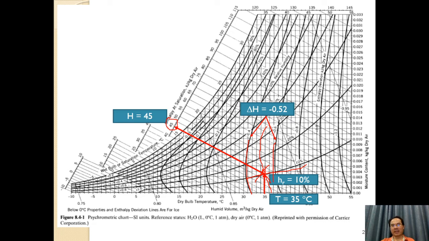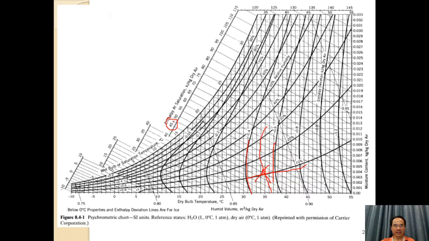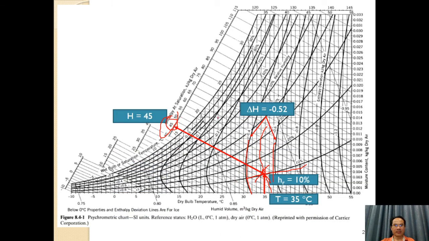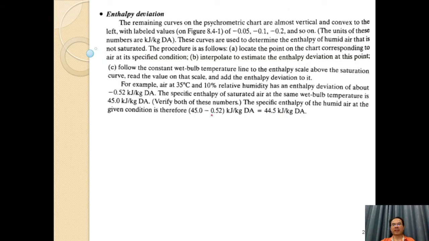You get the deviation, and then you can calculate the entropy at saturation. The entropy is 45 and the deviation is 0.52. You get the entropy of humid air at the unsaturated condition.